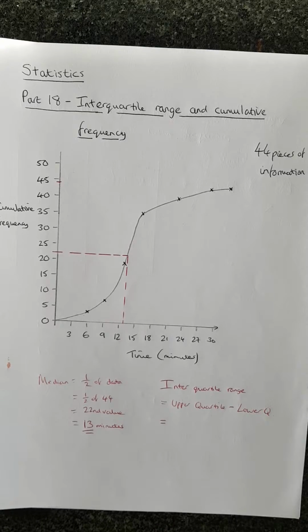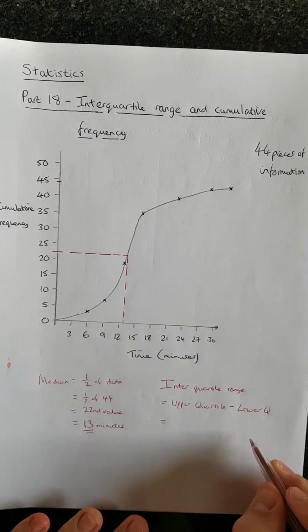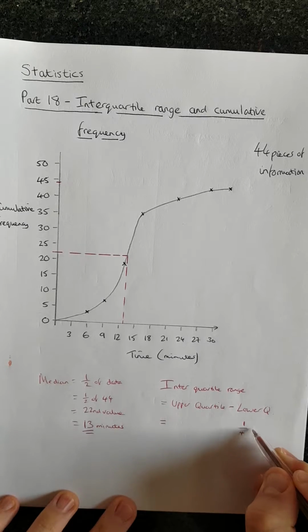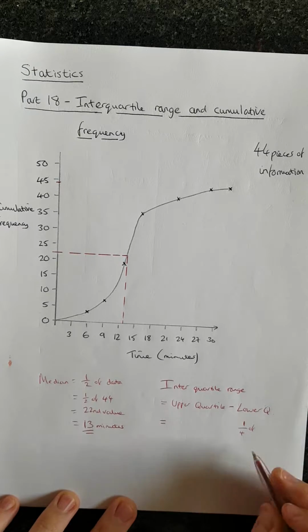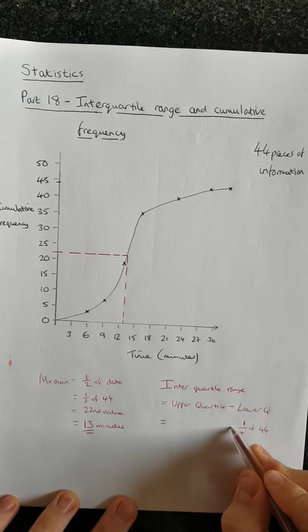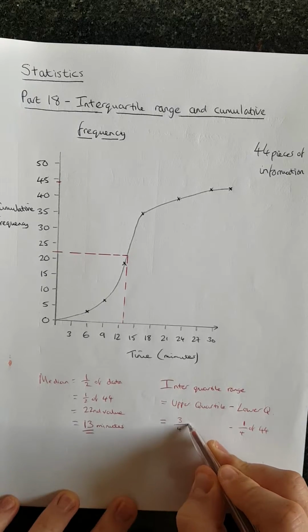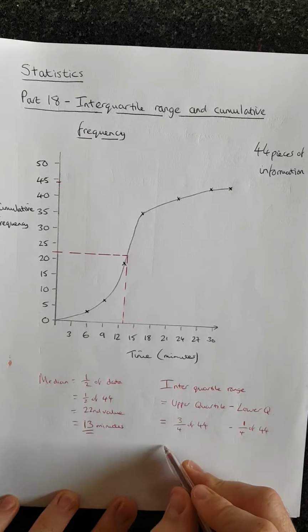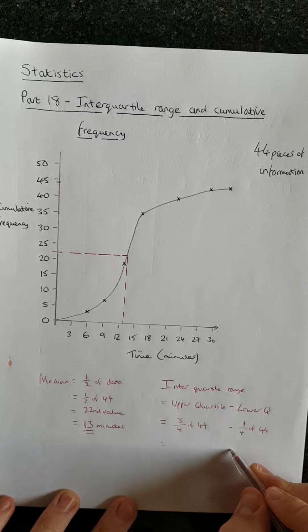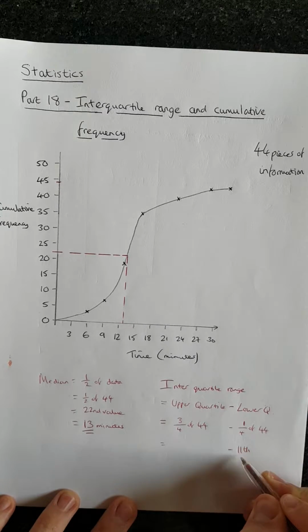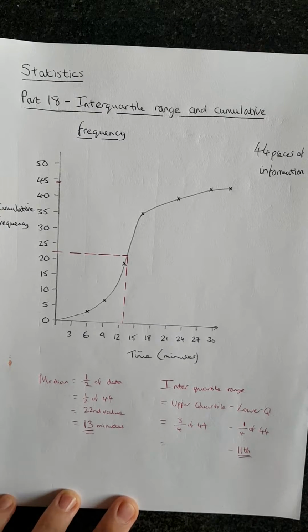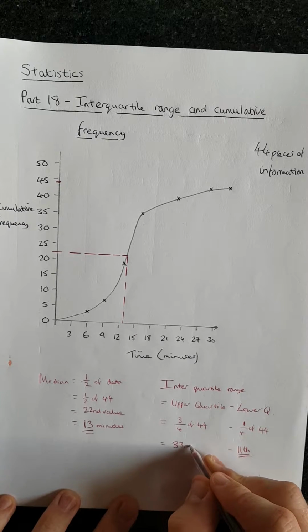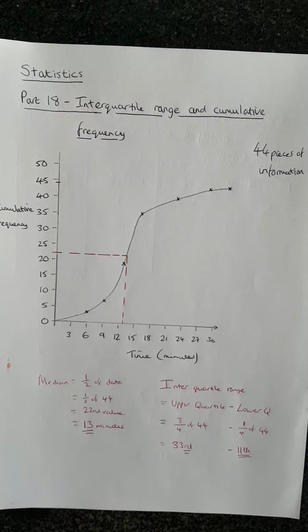Now, if you remember from our previous part, the lower quartile was 1/4 of the data. The upper quartile was 3/4 of the data in. So 1/4 would be the 11th piece of data, and the upper quartile would be the 33rd. So, let's find those now.